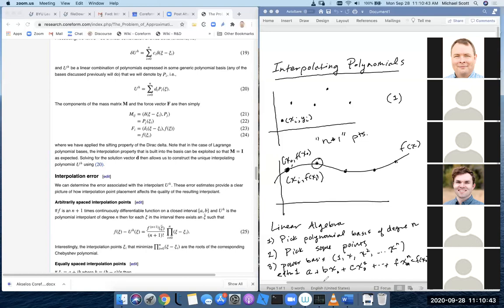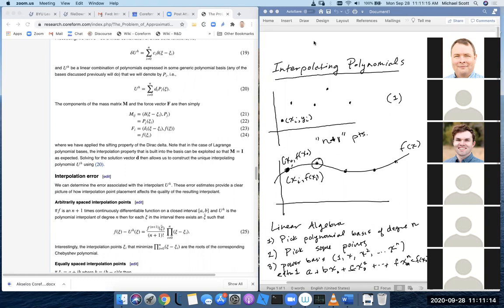How many equations are there going to be? There are n plus 1 unknowns, a, b, c, d, e; these coefficients are the unknowns. So we need n plus 1 equations, and that's good because we have n plus 1 points. Each point corresponds to an equation.